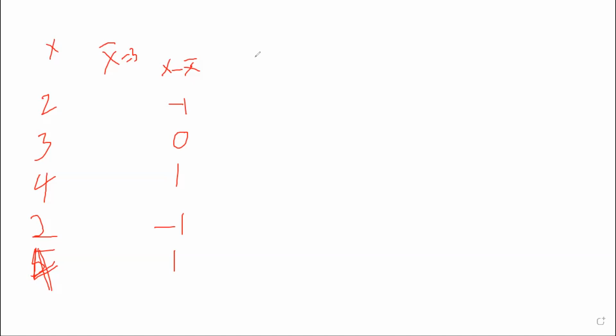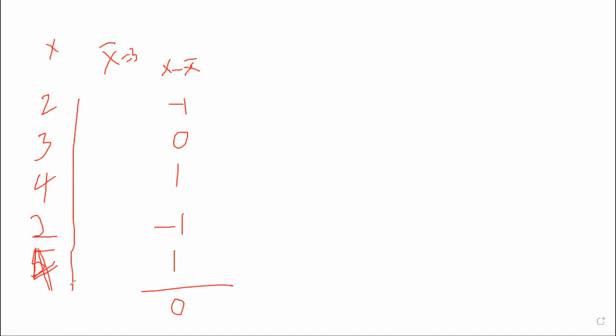Yes, sir. Now, I want to know the total variation. Can somebody sum up this total variation? Total variation is 0, right? Does it mean there is no variation in your data?